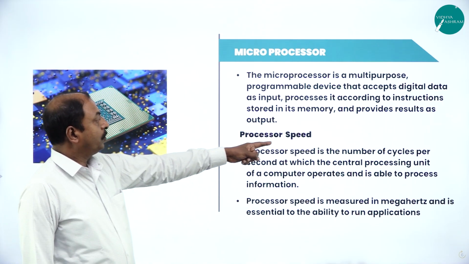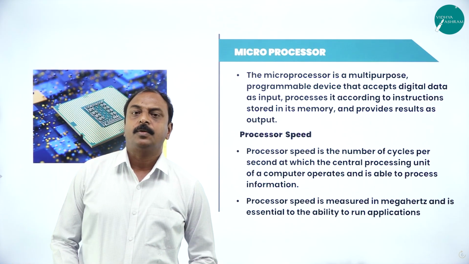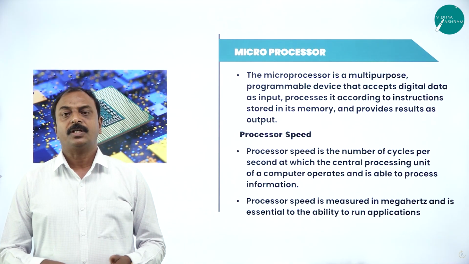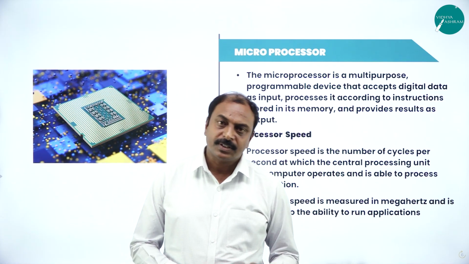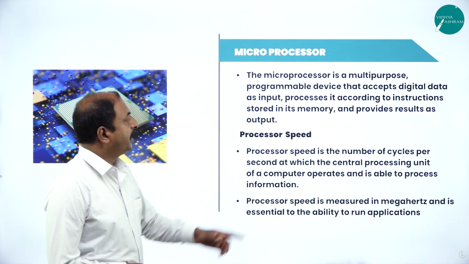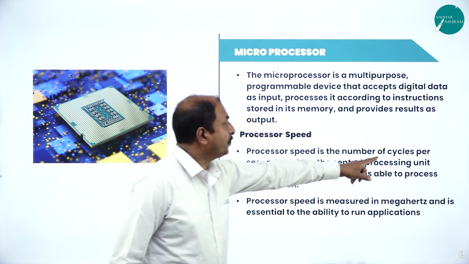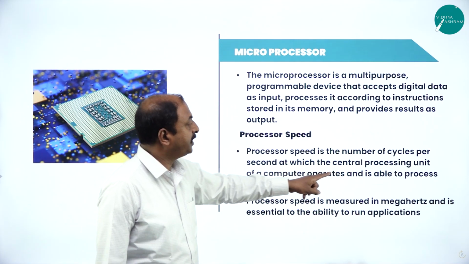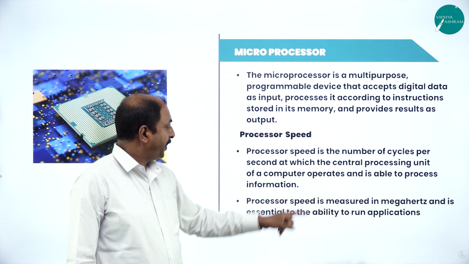Now we look into what is the processor speed. How can we measure the performance of our CPU or a computer? The performance of a computer system is measured with processor speed. And what is the processor speed? It is the number of cycles per second at which CPU of a computer operates and is able to process information.